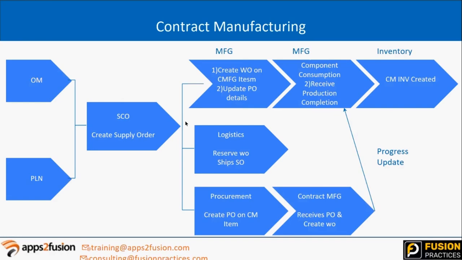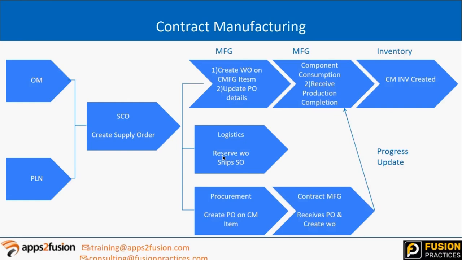No, I think you have the ship against an SO. I think in the middle one, logistics, reserve work order, and ships SO, the contract manufacturer is actually shipping against a sales order. Sorry, no, I messed it up. So there is a PO and an SO. Both are there under the contract manufacturer.